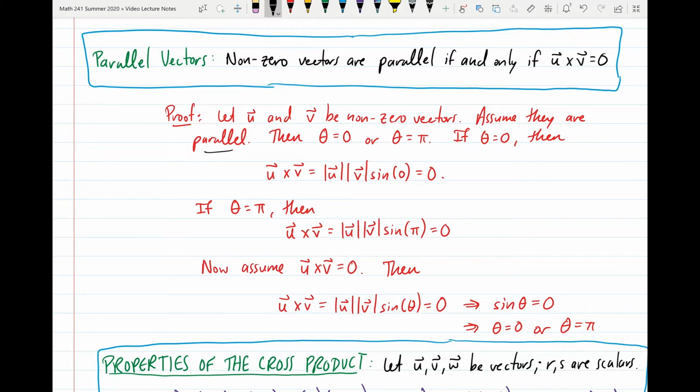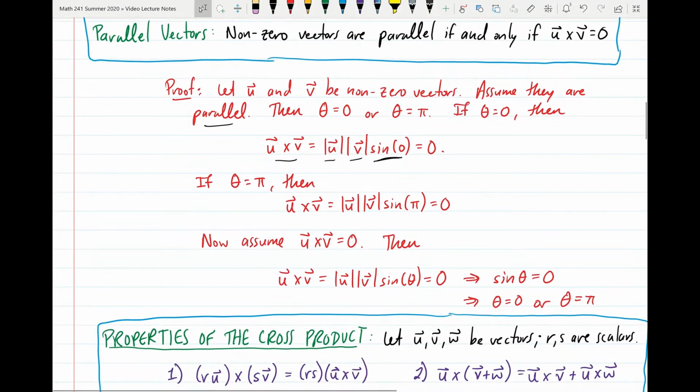If theta is equal to 0, then the magnitude of u cross v is defined to be the length of u times the length of v times sine of theta, which in this case is the sine of 0. And of course, the sine of 0 is equal to 0, and we get that the cross product is equal to 0. If, on the other hand, theta is equal to pi, then u cross v is equal to the length of u times the length of v times the sine of pi.